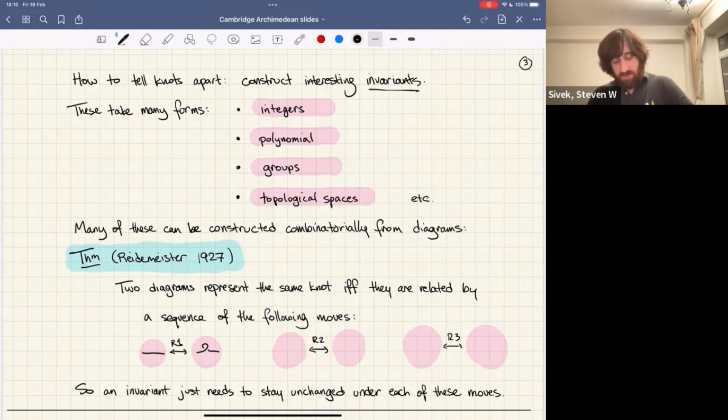The second Reidemeister move is you have a pair of strands that pass each other in parallel like that, and you take one of them, maybe the left strand, and you just drag it over the right one. So now the picture is something like this. And again, this is the same knot. You've just changed your perspective. You've moved it around a little bit. You haven't had to cut it open and re-glue it.